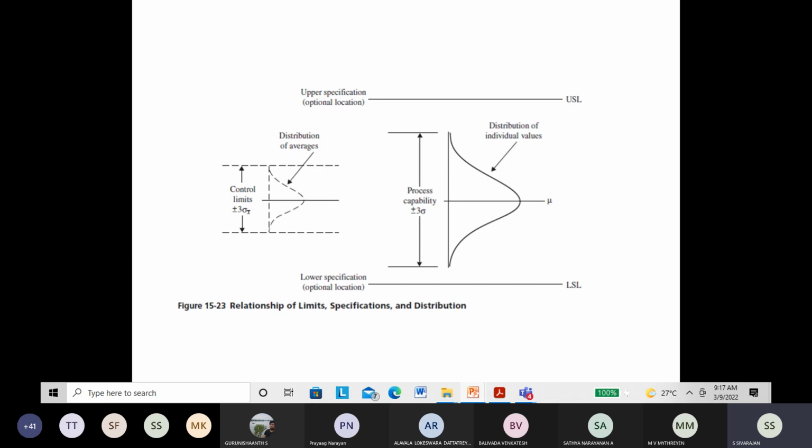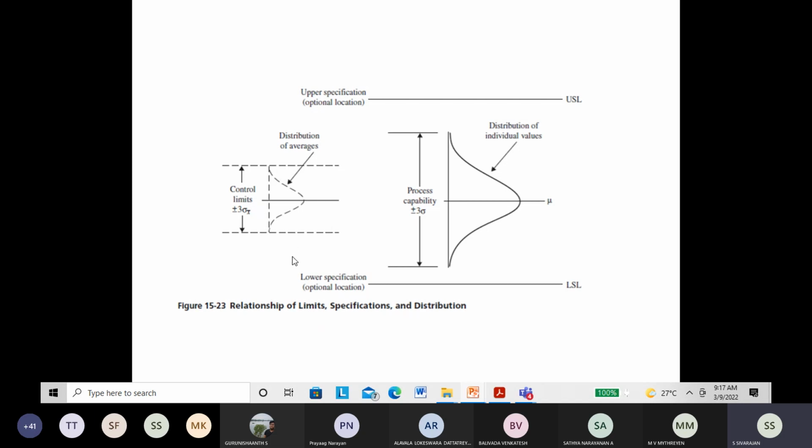I don't remember properly, but sometimes they will use the symbol mu, and sometimes they will use X bar. I will use them interchangeably, but both of them mean average or mean. So this relationship is very important. When you draw the control charts, the distribution is like this.